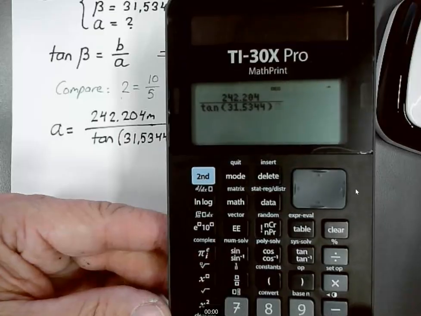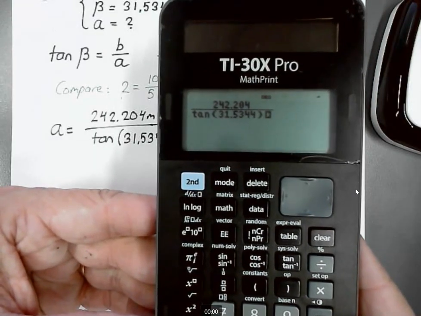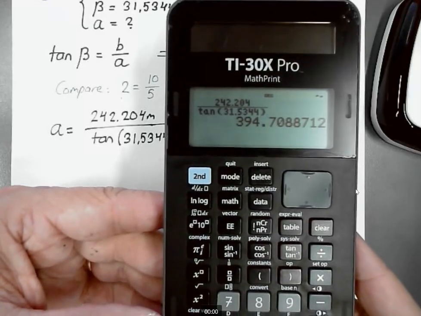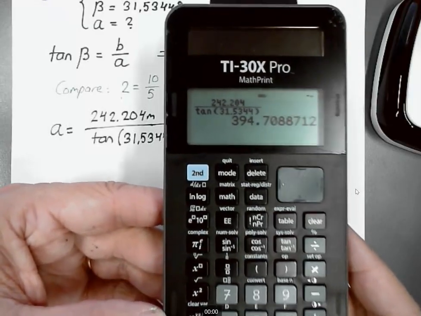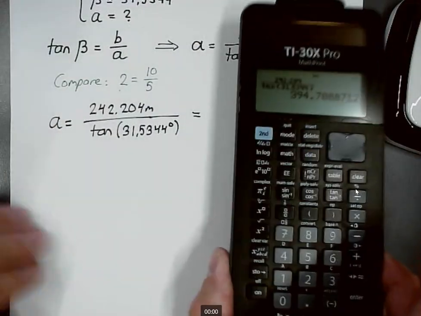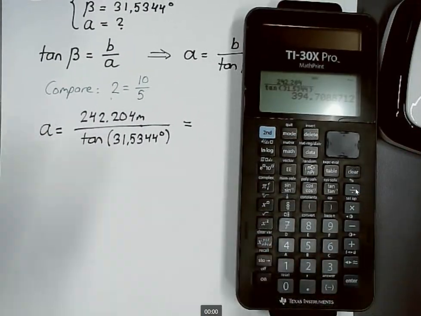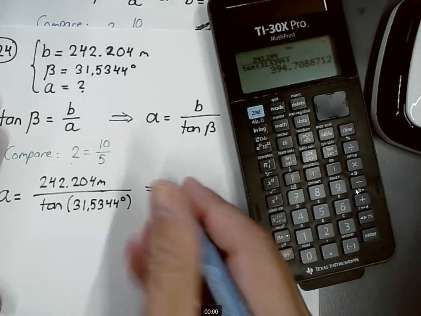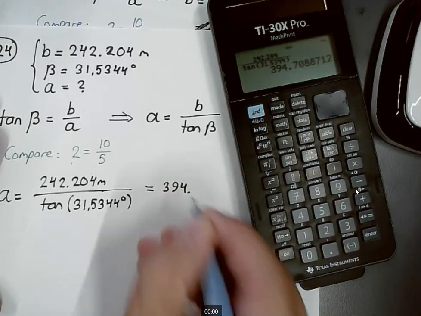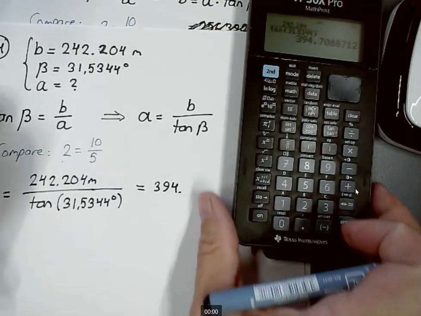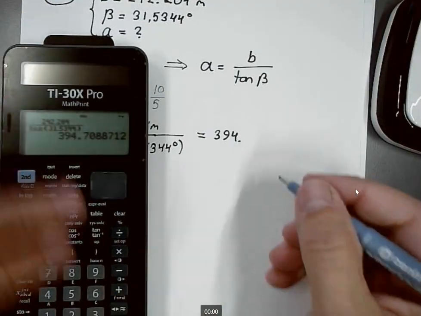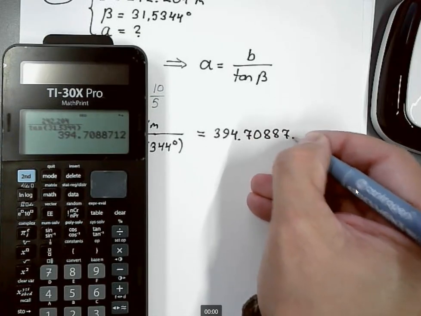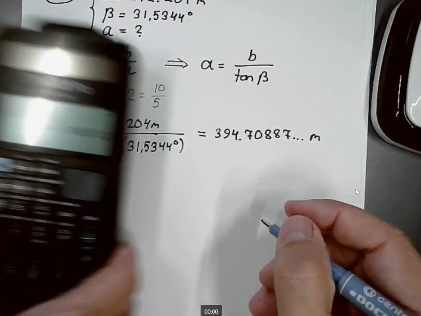So I like this calculator. It is a good calculator, and here you get the answer: 394.70887, etcetera, meters.